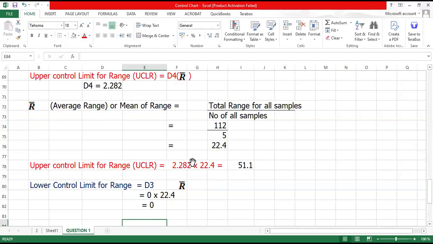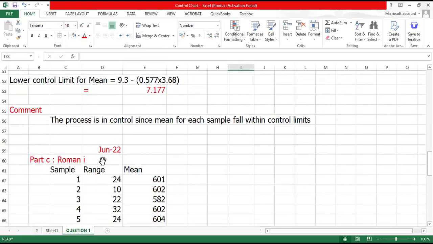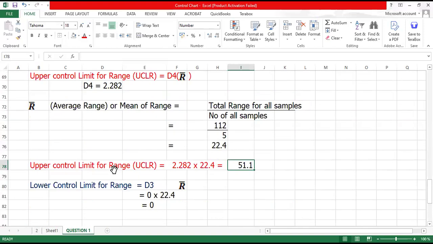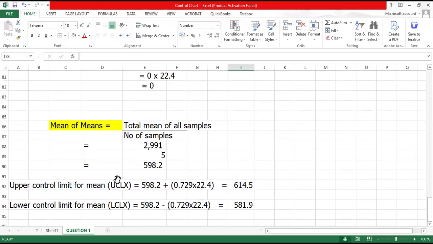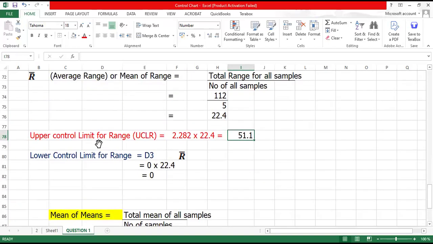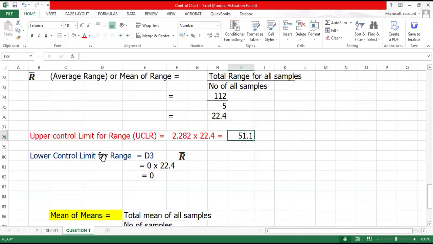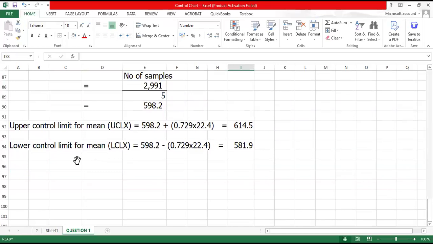It is in control. Upper limit is 51. Come back to your range and see whether you have anything beyond the limit. Okay, it is within control. Then when you look at the mean, is it also within control? Yes, it is. So using both parameters, mean and range, you see that the process is in control.